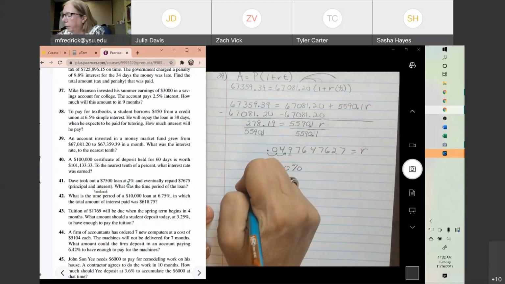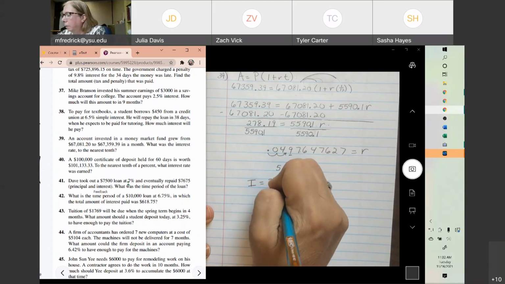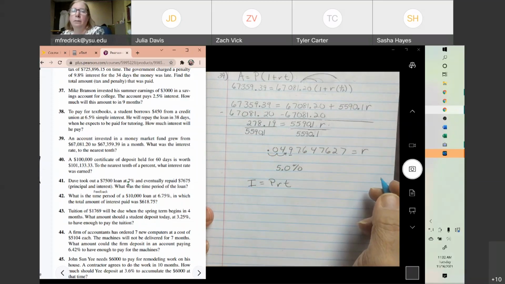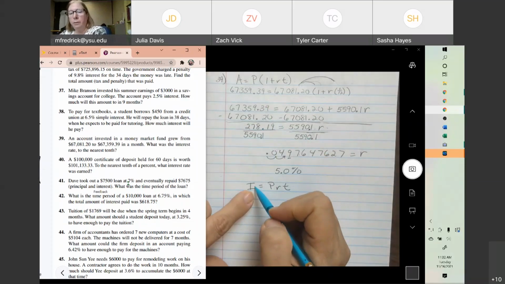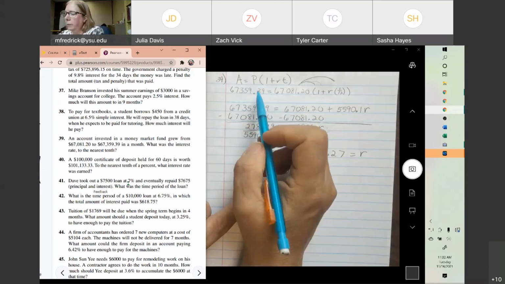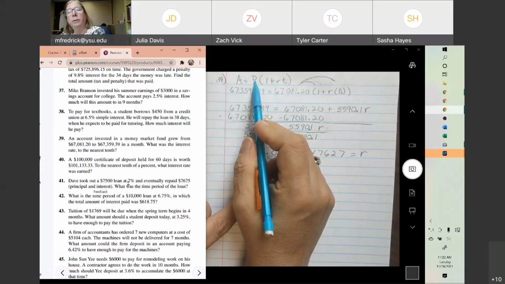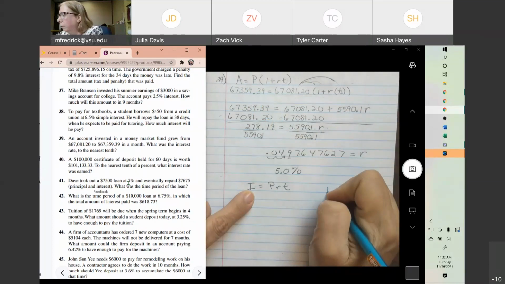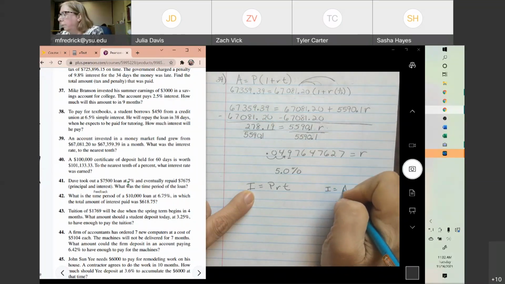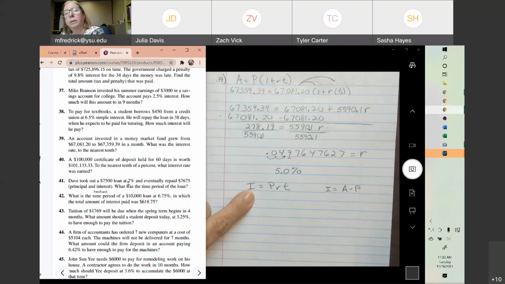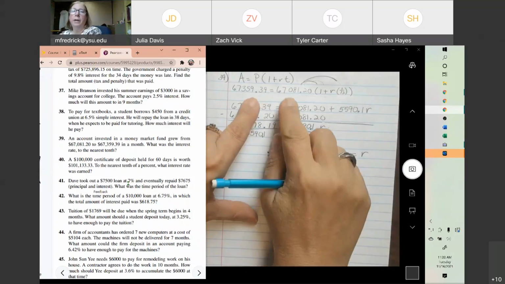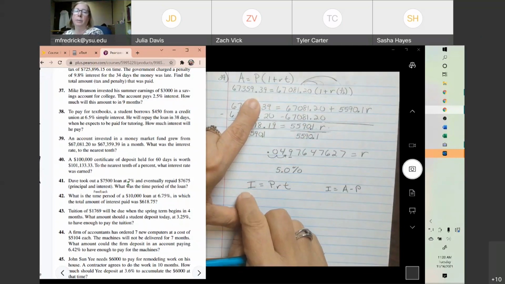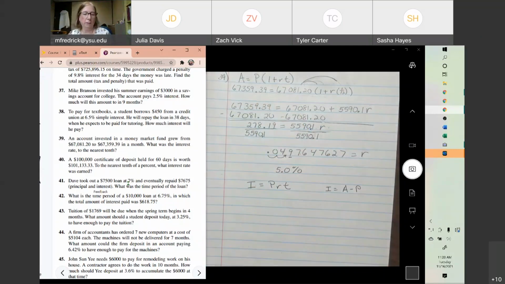If we did it the other way, the interest, if you take your principal, it's your ending amount minus your principal. And so if we subtract these two, that's how much interest we make. Subtract.